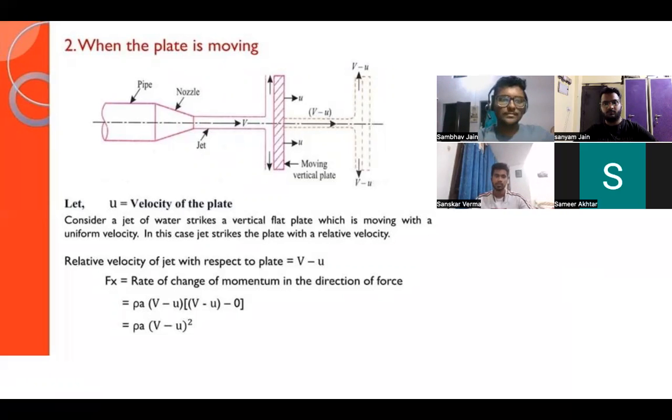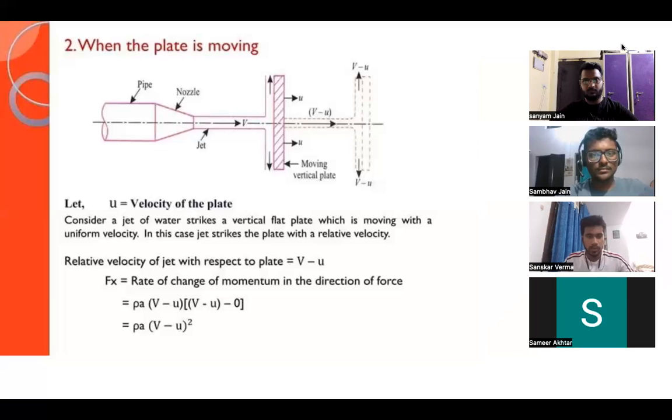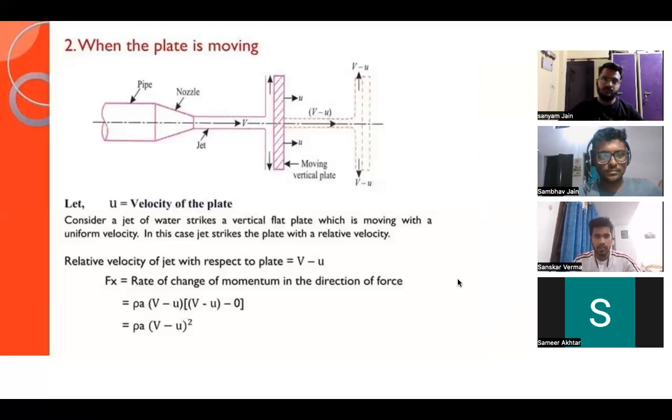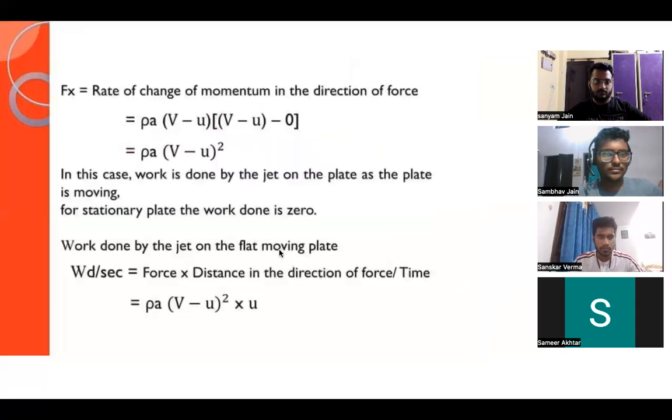We'll take the velocity of the plate as u, and the velocity of the jet we have taken already as v. So the relative velocity of the jet with respect to the plate is v minus u. The rate of change of momentum in the direction of the force, the formula will remain the same. We just have to consider the velocity of the plate also. So it becomes rho a v minus u whole square.